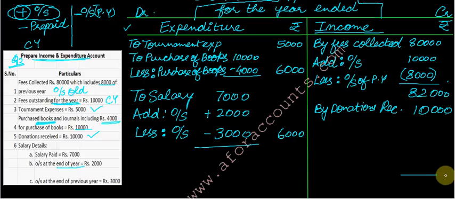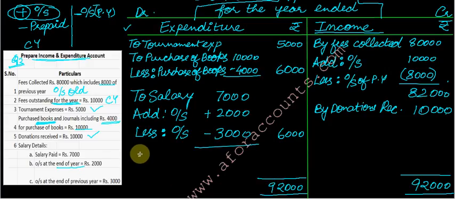Now first of all add up the incomes, because income will be generally more than your expense. So 82 plus 10, 92,000. I should have a 92 here. And the difference is not called net profit, it is called surplus.